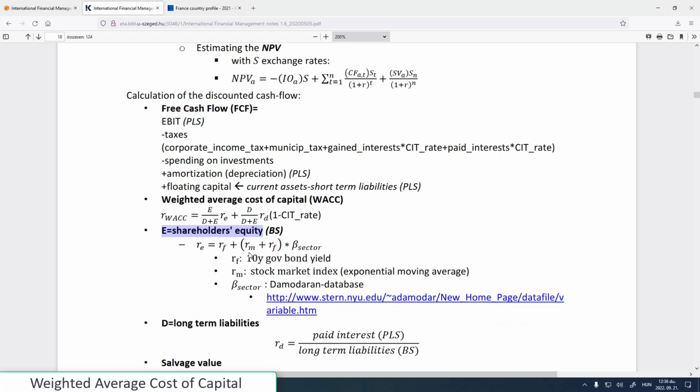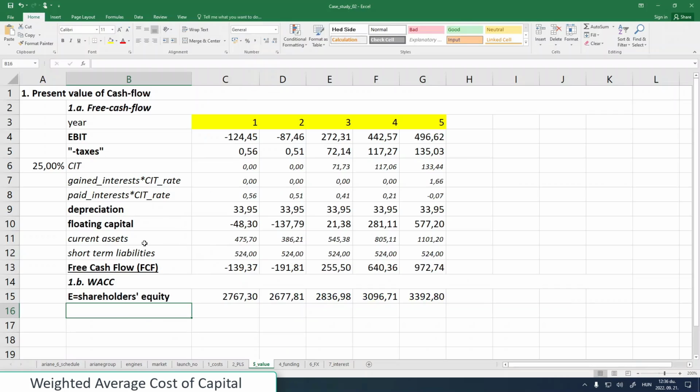Next point, we still have to estimate the RE, the expected rate of return on equity. In this case, we need the ordinary CAPM, so let's write here what data we will collect.